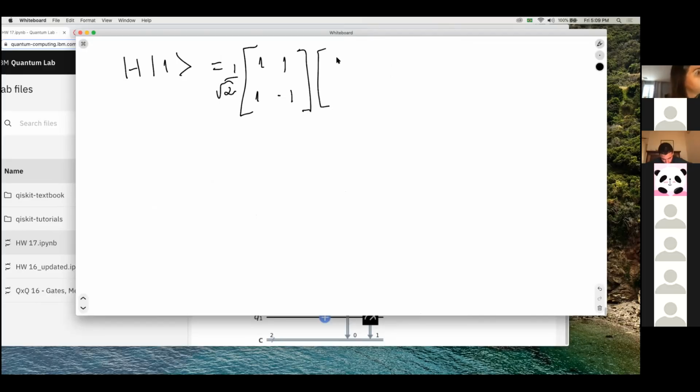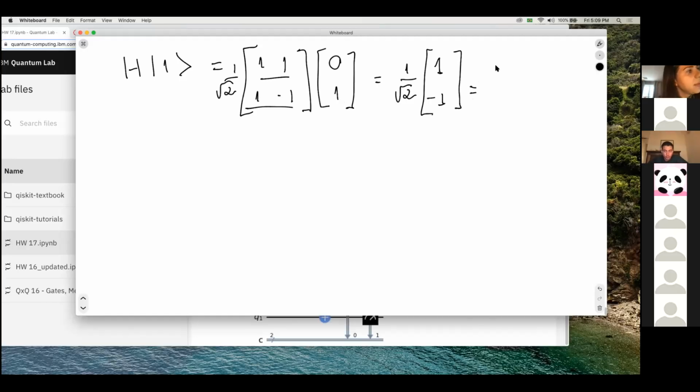The vector 1 is given by 0, 1. Okay. So as a result, I have 1 times 0, 0, 1 times 0, 0, plus 1 times 1, 1. 1 times 0, 0, plus minus 1 times 1, minus 1.